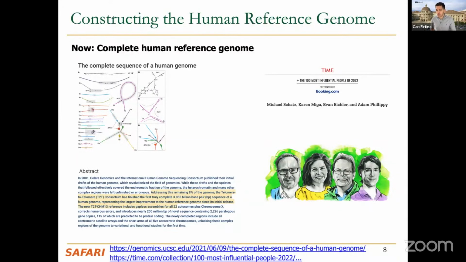And since this was a very impactful work, Time in 2022 selected these 4 individuals that are mainly behind the decoding, or generating the almost fully complete version of the human reference genome. Time announced that these 4 individuals are among the 100 most influential people of 2022.